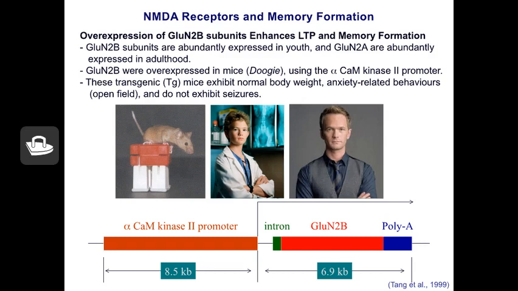And after they created these mice, they screened them for any abnormalities, which is very important when creating new transgenic mice. They found that they had normal physical appearance and body weight, and they had normal behaviors in relation to anxiety and other measures. And they didn't exhibit seizures or any other indicators of CNS abnormality.